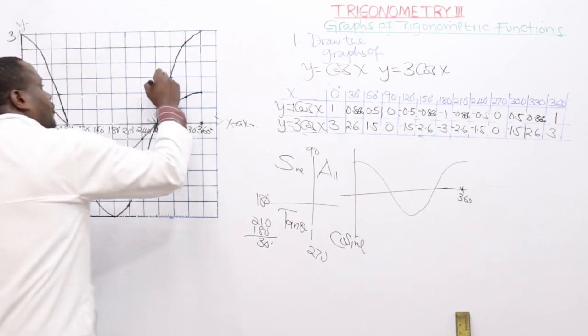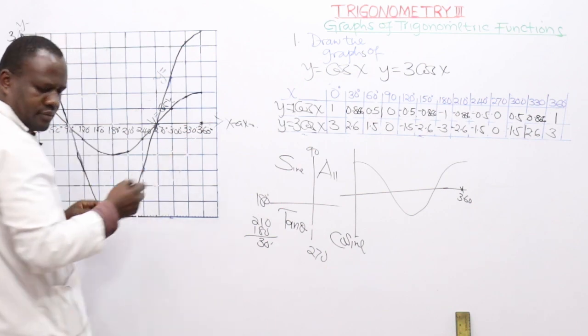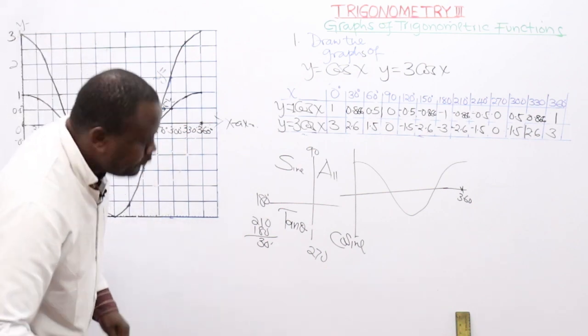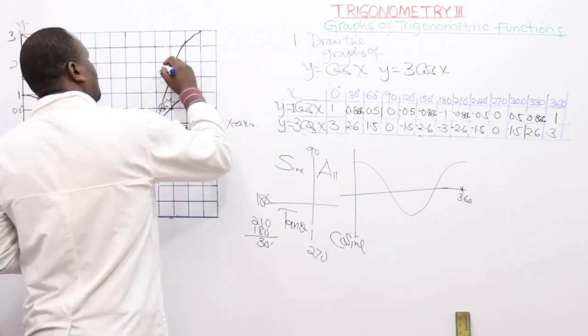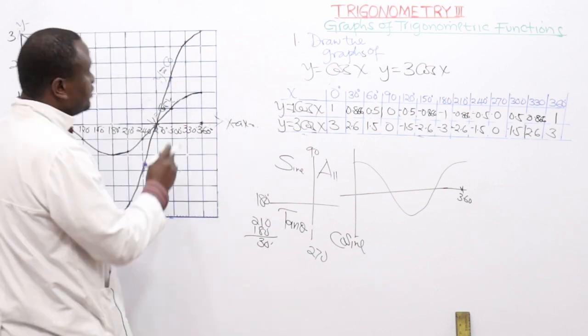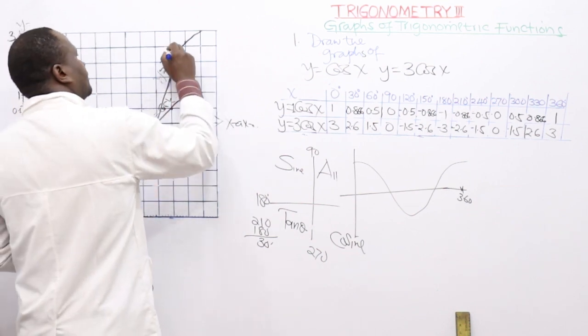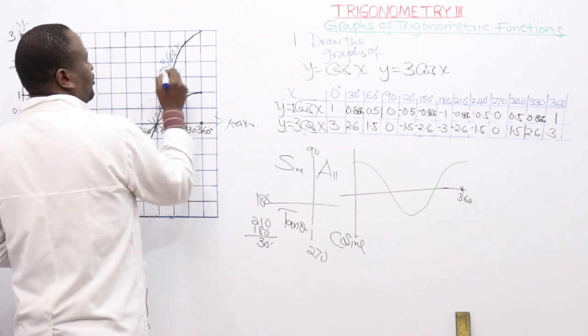So that is the graph of y is equals to 3 cos x. You must label the graph.